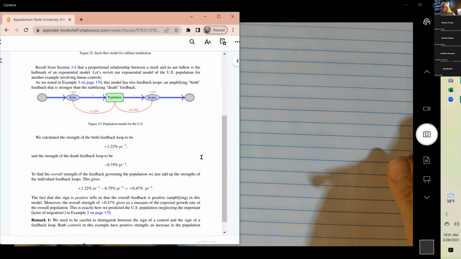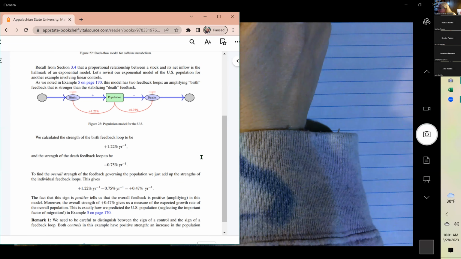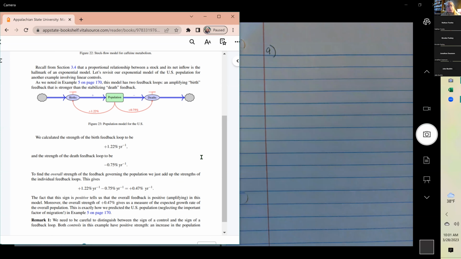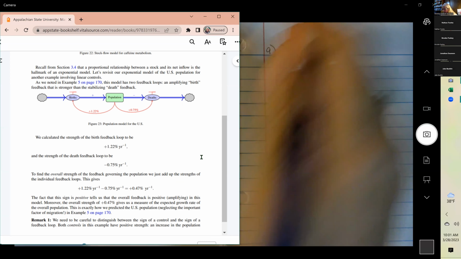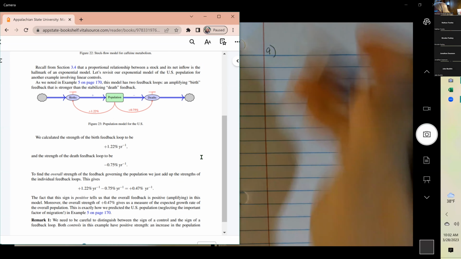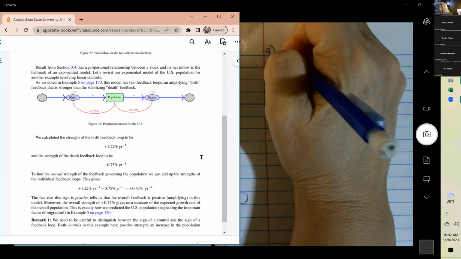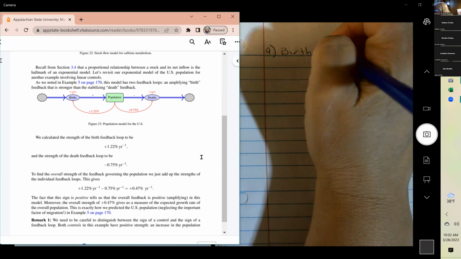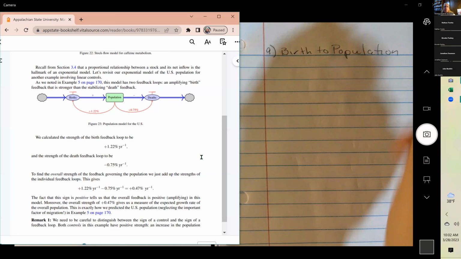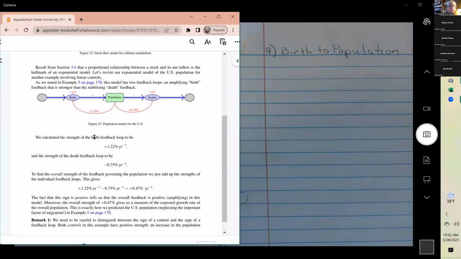So for the birth to population red label, so for the birth to population one, that would be this one here.